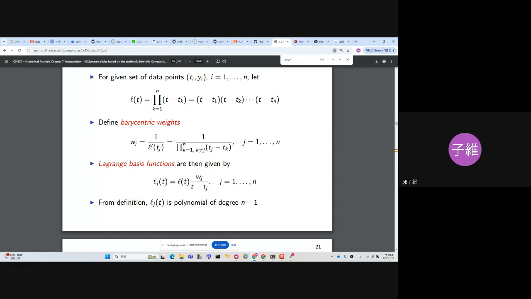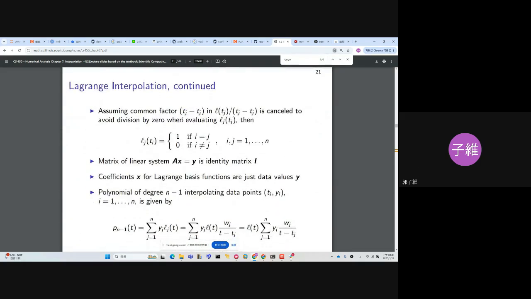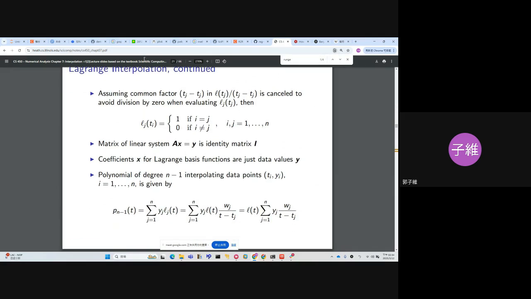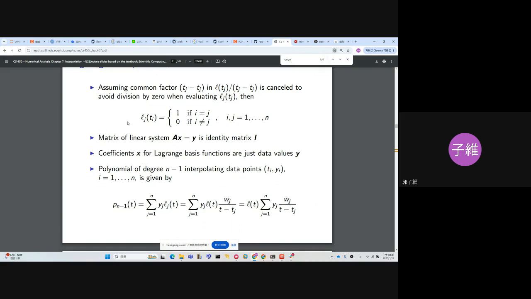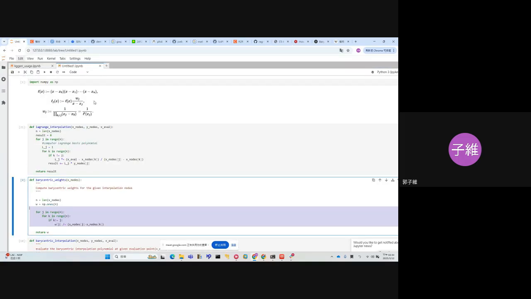Now, here are the metrics and the definitions of the barycentric weights. And I think it'll be more interesting if we just go to the code part. Just the math formulas are too much to handle for now.